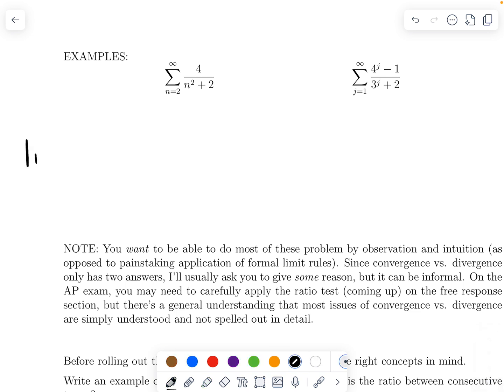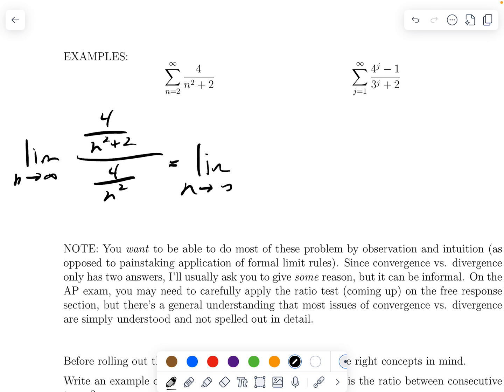So here, this is the one we saw before. I might compare this thing to the version that does not have a +2 in it. And we know dividing by a fraction is the same as multiplying by its reciprocal. And the 4's cancel.